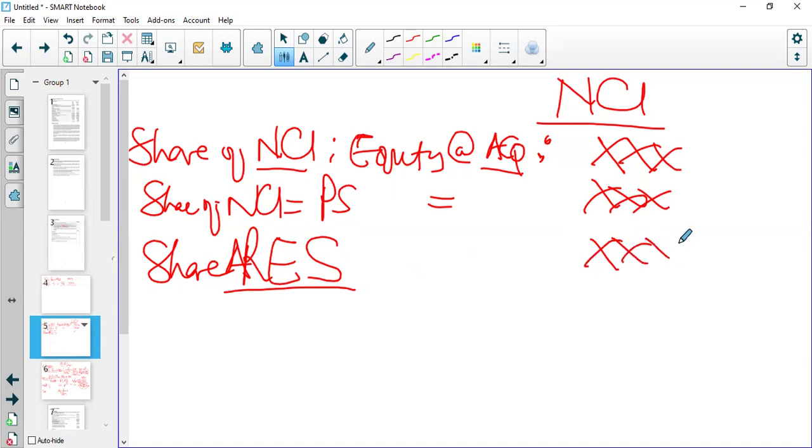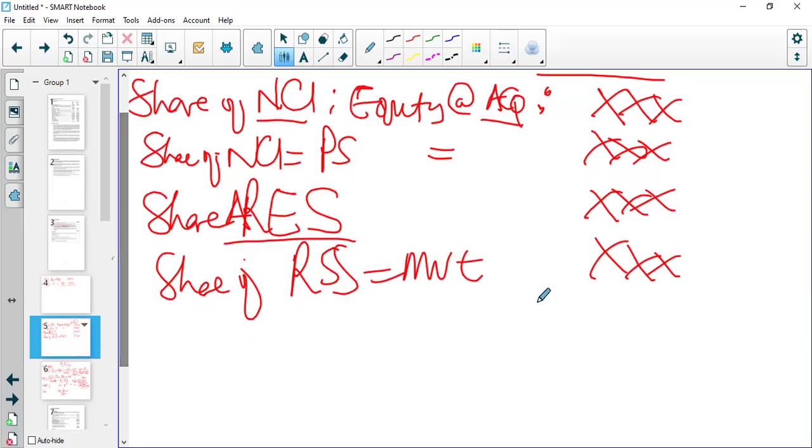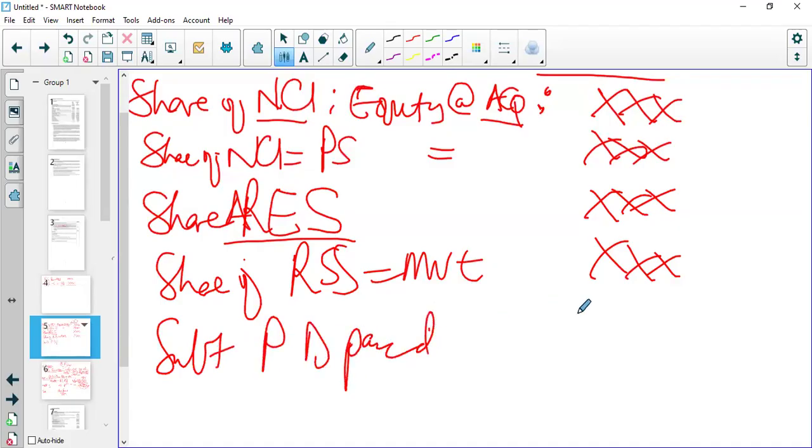And then it will also have a share of the movement in the revaluation surplus of the subsidiary only. Remember, the NCI is a shareholder in the subsidiary, so it will only have a share in the subsidiary. Then we subtract preference dividends paid to the NCI.